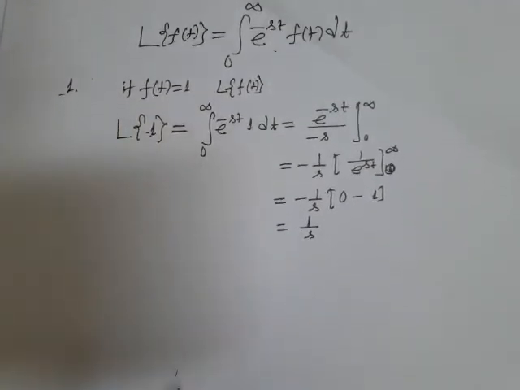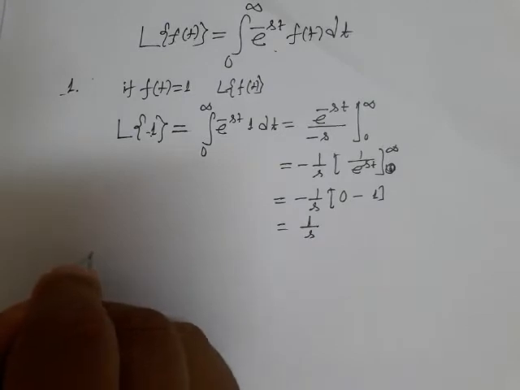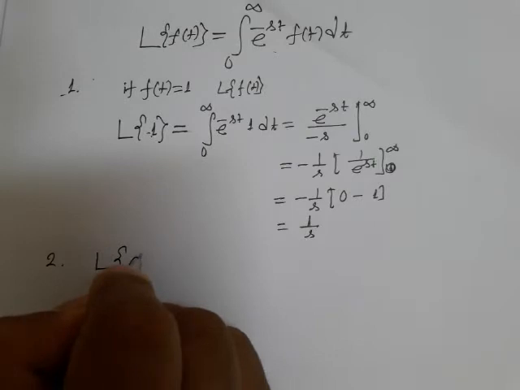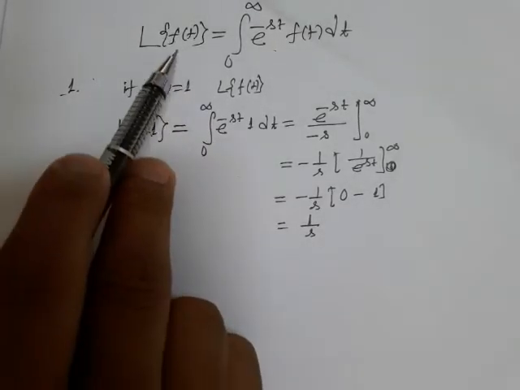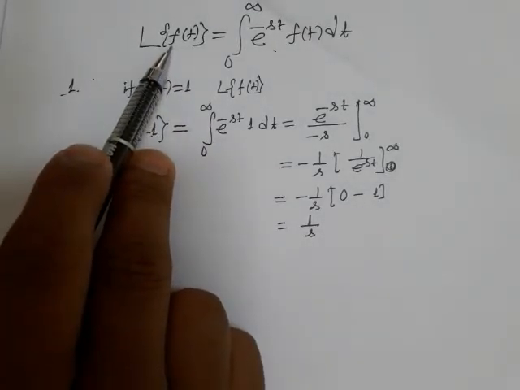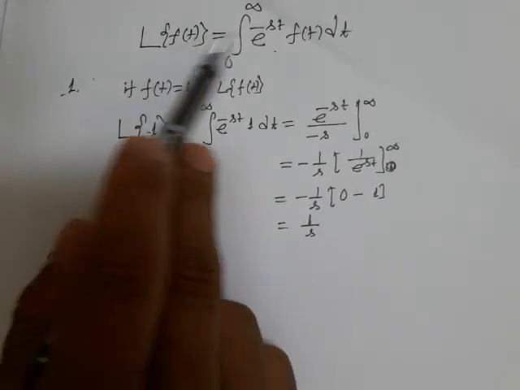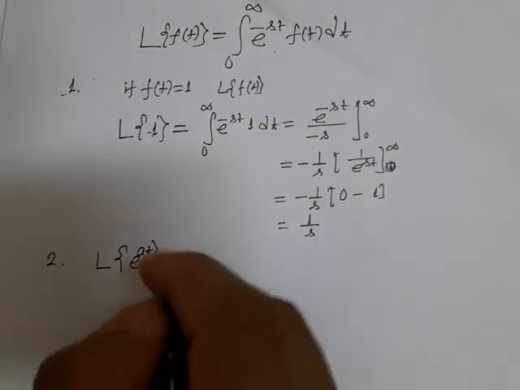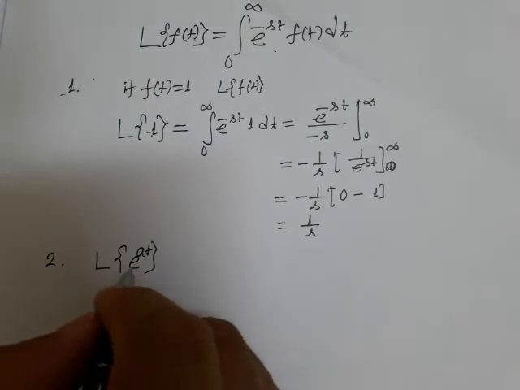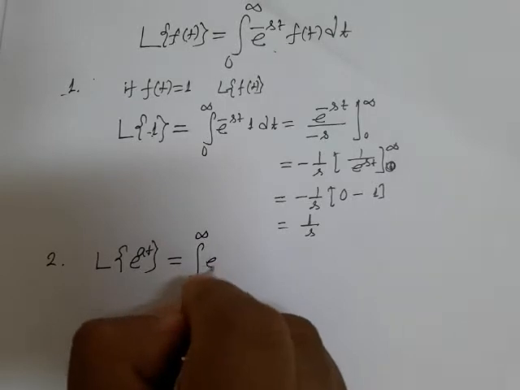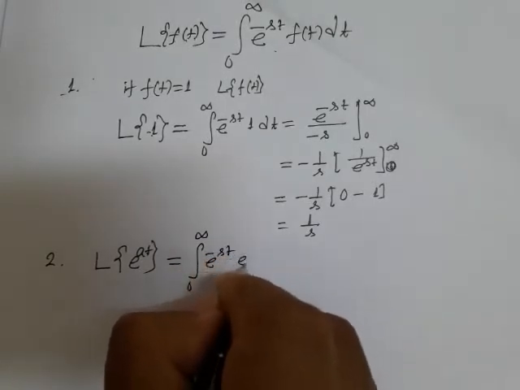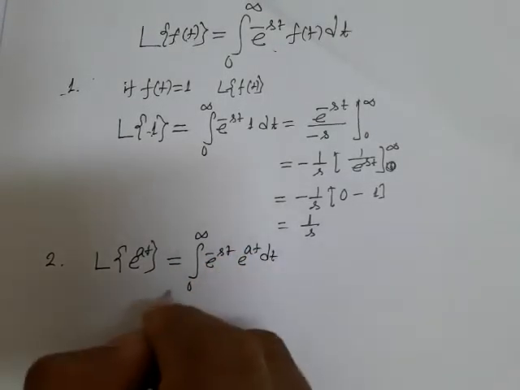Next, we are going to find it for the function e to the power at. What is L of e to the power at? Similarly, just put e to the power at in place of f of t and integrate to get the formula. So the integral from 0 to infinity of e to the power minus st times e to the power at dt.